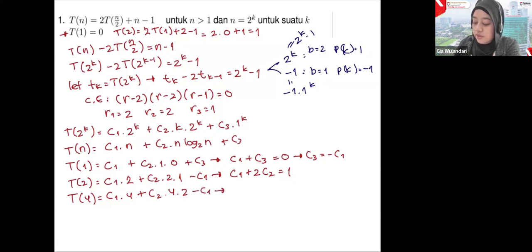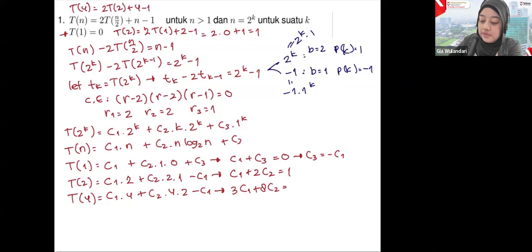So here we have 3 C1 plus 8 C2 must be equals to T4, which is 2 T2 plus 4 minus 1, which mean 2 times 1 plus 4 minus 1. It means we have 5.